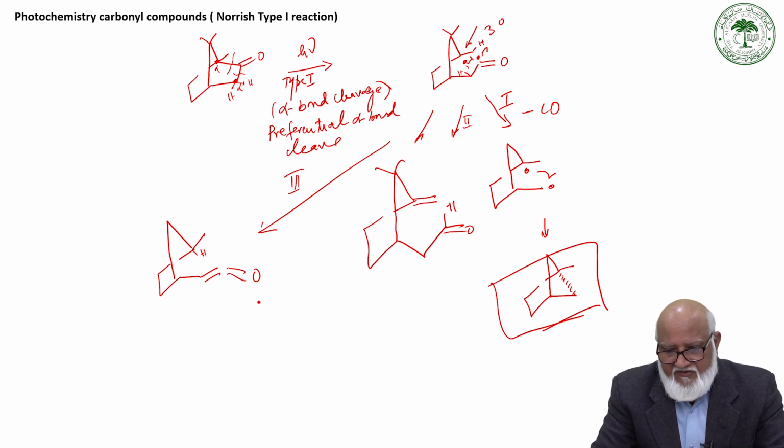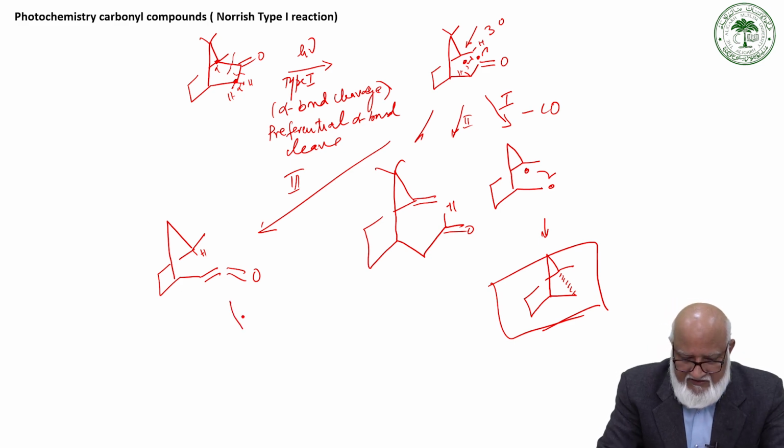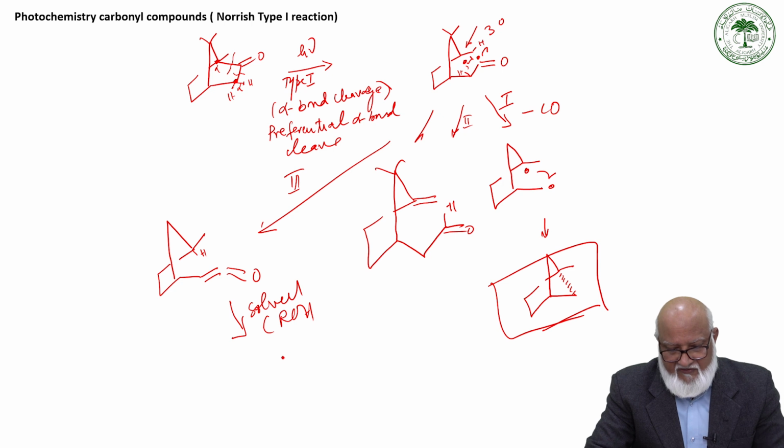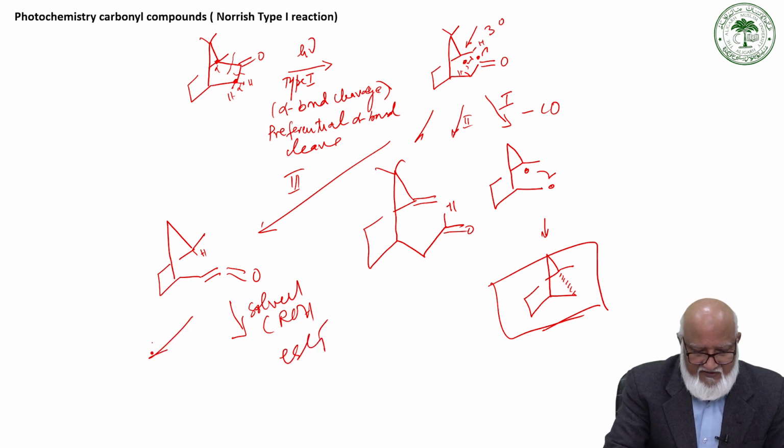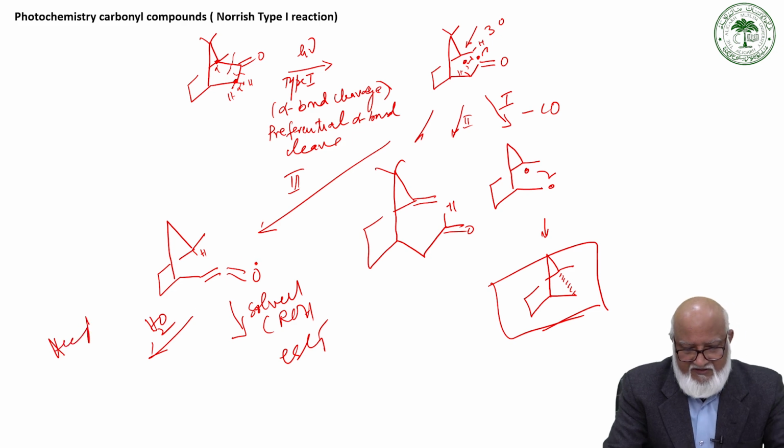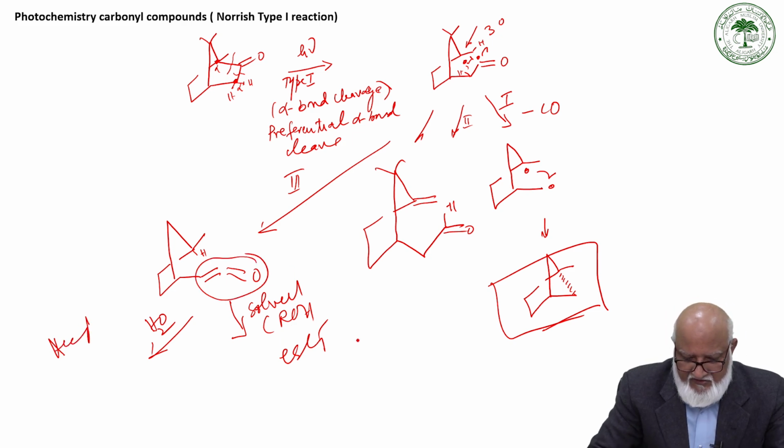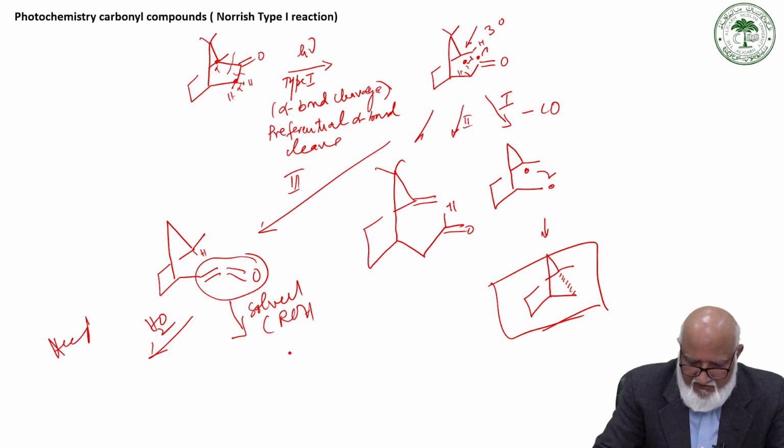fragmentation of this intermediate to give this ketene, and then in the presence of an alcoholic solvent such as ROH, it will give an ester, and if some moisture is there, it will give the corresponding acid. So the corresponding ester in the presence of solvent like ROH will give a product like this.